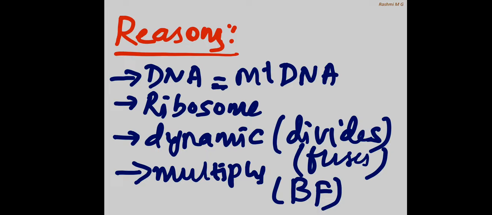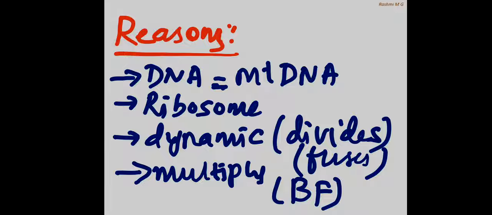And the evolutionary theory suggests that mitochondria have evolved from bacteria, because of evidence like similarities with prokaryotic characters, especially the genetic system.